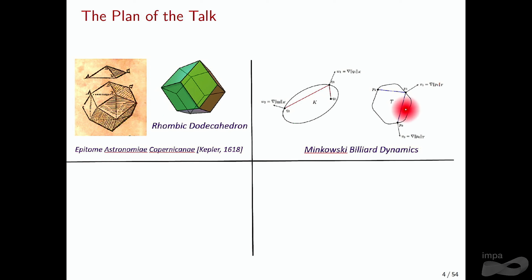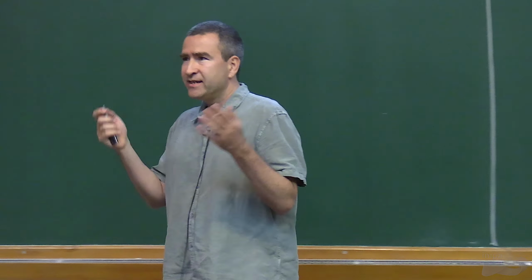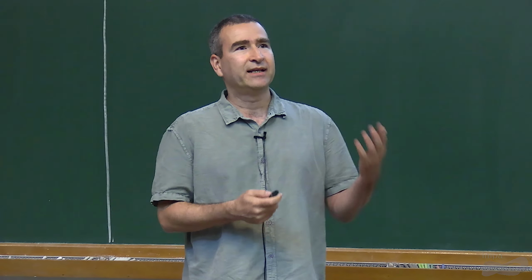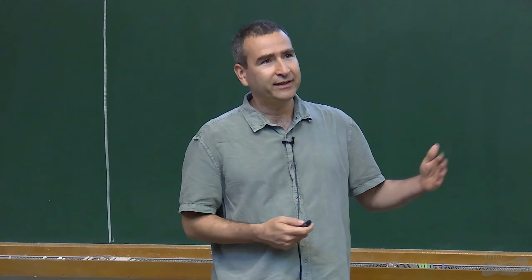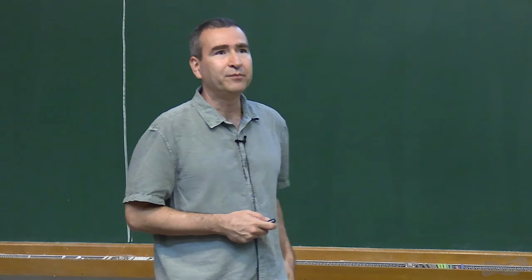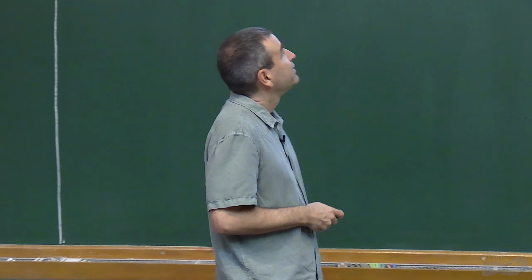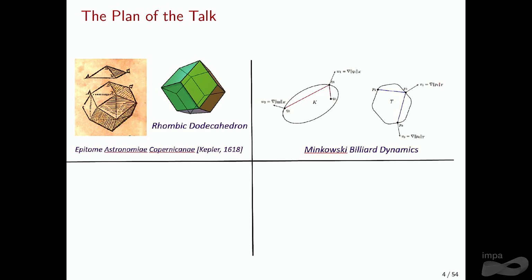Convex domains, at least centrally symmetric convex domains, are in one-to-one correspondence with norms. And the length that is induced by this norm is the length that we use to define the reflection law of the billiard dynamics. So roughly speaking, these are Minkowski billiards.